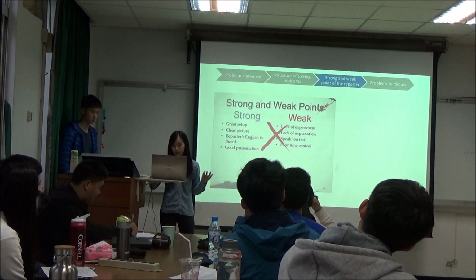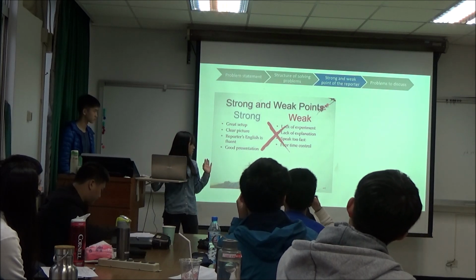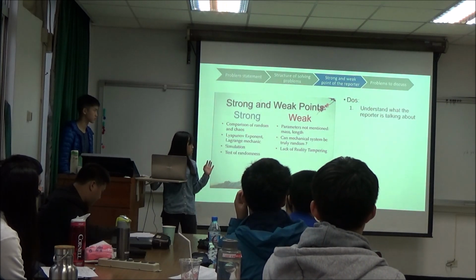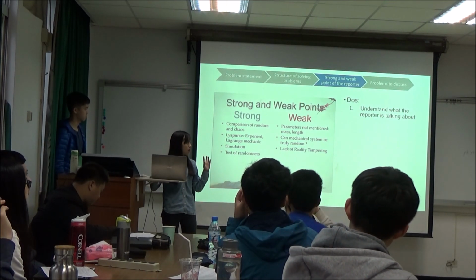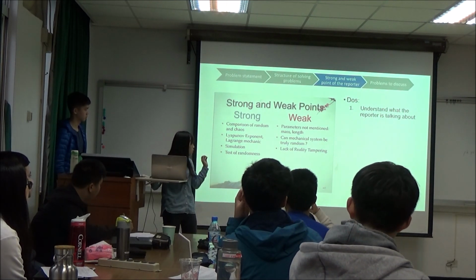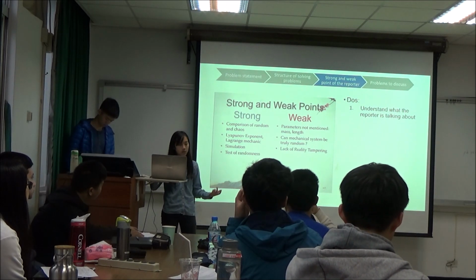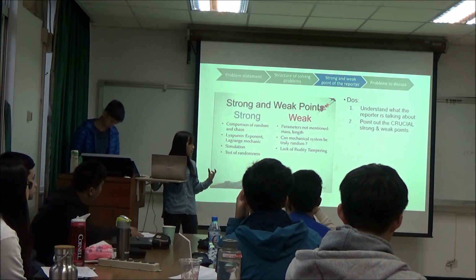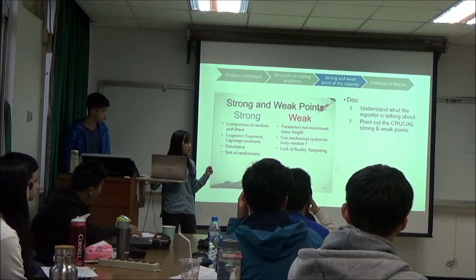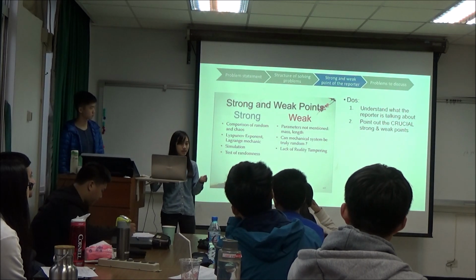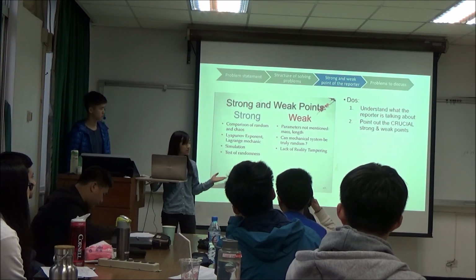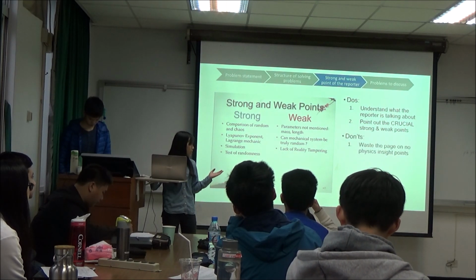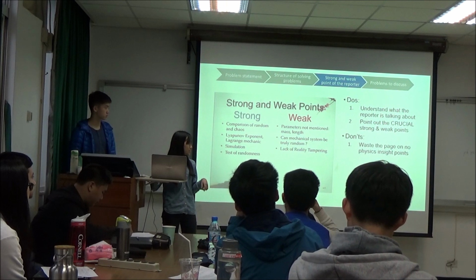Okay? So let's review about these pages. First of all, we should understand what the reporter is actually talking about, so you can point out what is the strong and the weak point of the reporter. And secondly, we have to point out the crucial strong and weak points, which are really related to physics, not just about the English or the presentation. And we do not waste the page on points with no physics inside.